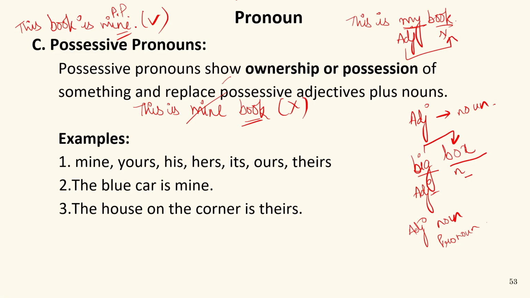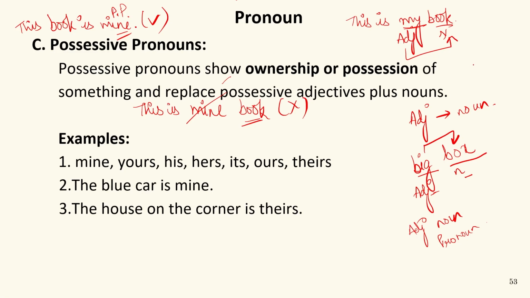That is why we have divided the possessive into two parts: possessive adjective and possessive pronoun. If I write "my book," my is an adjective, whereas mine is a pronoun. In the same way, it should be "your car," not "yours car."